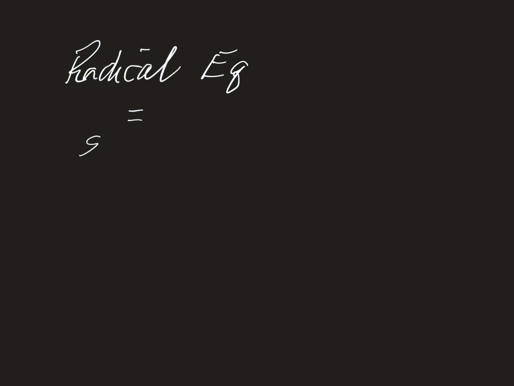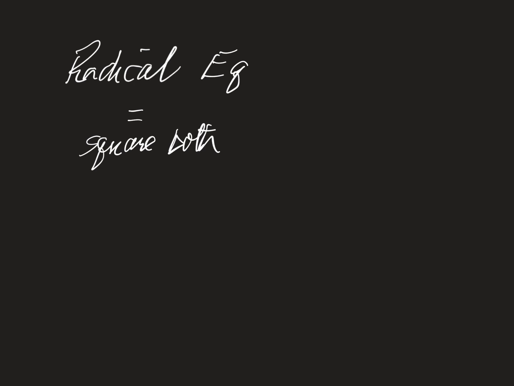Finally, you have to do radical equations and inequalities. If you remember, if you're doing an equation with a radical, the key is to square both sides, or cube both sides if it's a cube root.